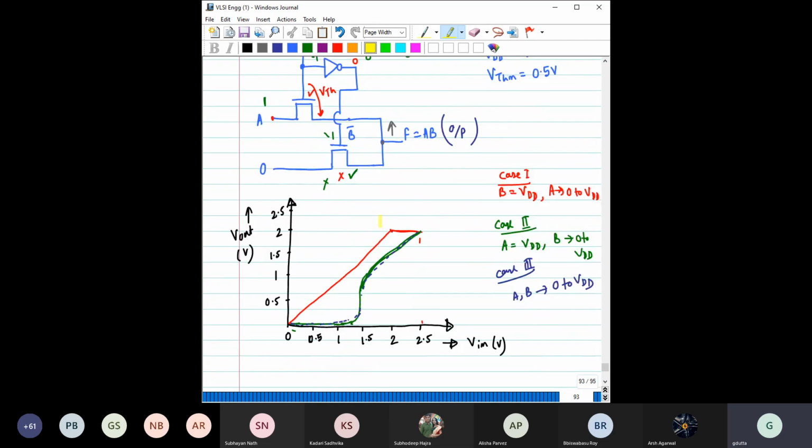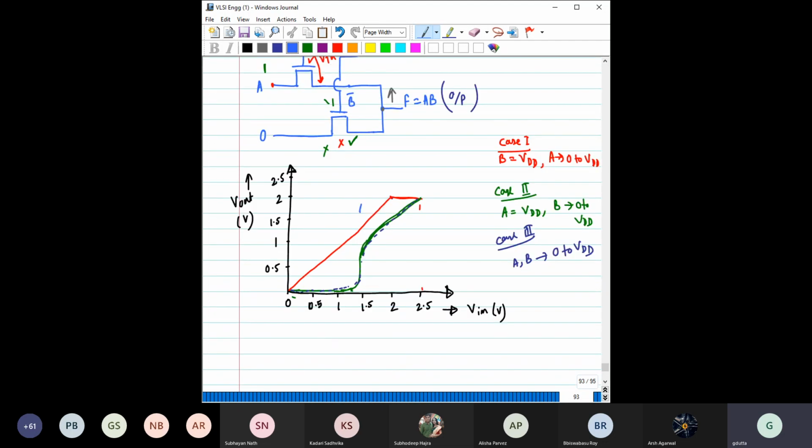But if you notice this one here, this Vout is simply linearly rising with Vin, right? So definitely we can make a clear distinction between the VTC of a pass transistor and the static CMOS gate. And from this distinction, you can clearly say from this VTC that this pass transistor logic is not regenerative.